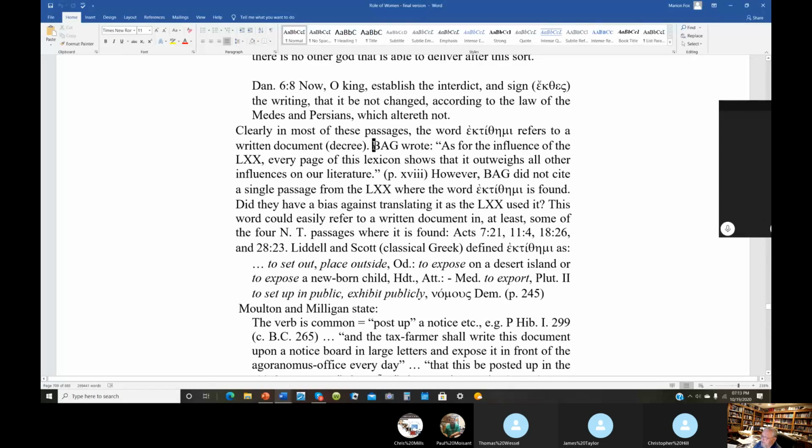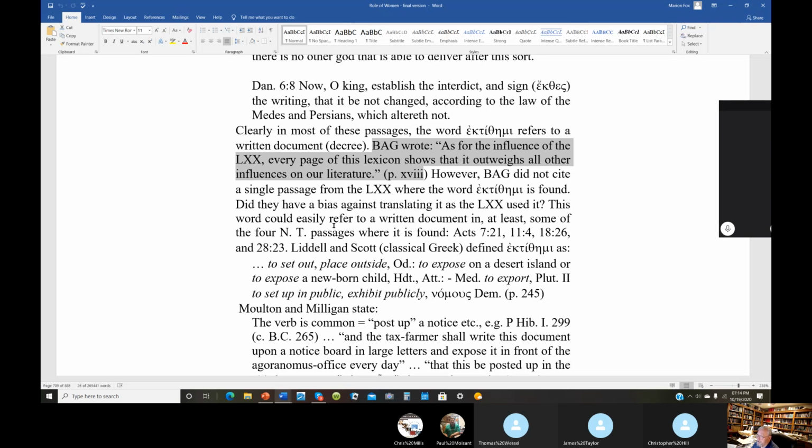Now, Bauer and Gingrich, in the preface of their lexicon, said, as for the influence of the LXX, that's your Septuagint, every word of this lexicon shows that it outweighs all other influences on our literature. They admit that the Septuagint should have more influence upon our definition than any other source other than the New Testament.